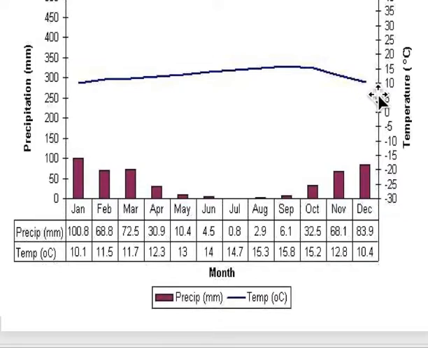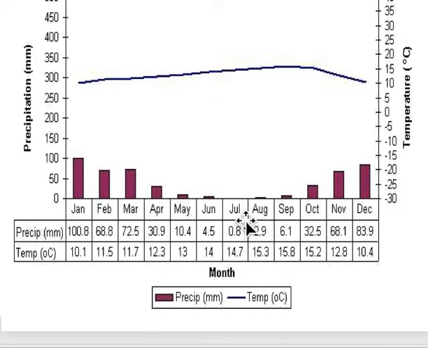So this is not a climate that has 4 seasons either, but this is not summer all year. This is more like spring all year. And if I look at the precipitation data, I have 2 distinct seasons. A wet season in the fall and winter, and a very dry season in the summer months.